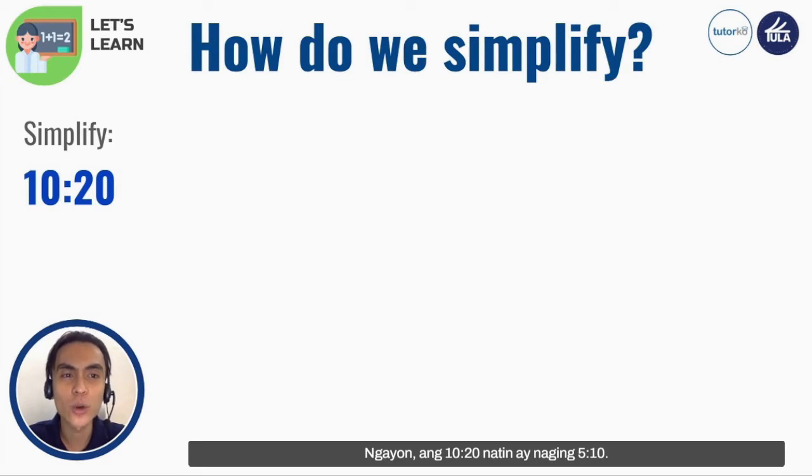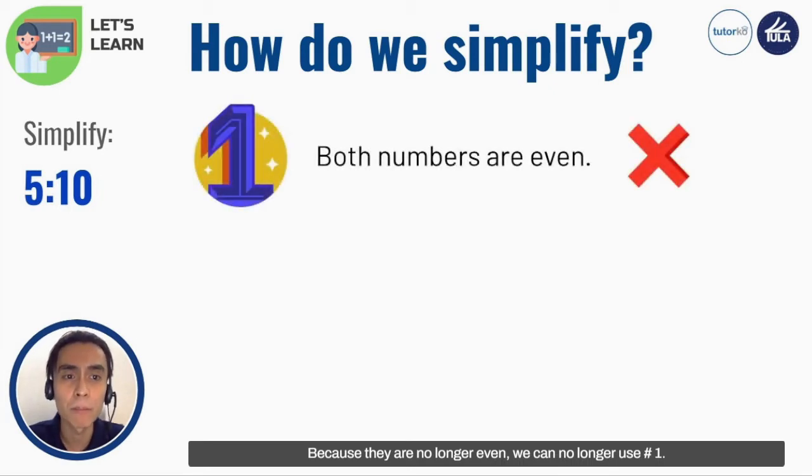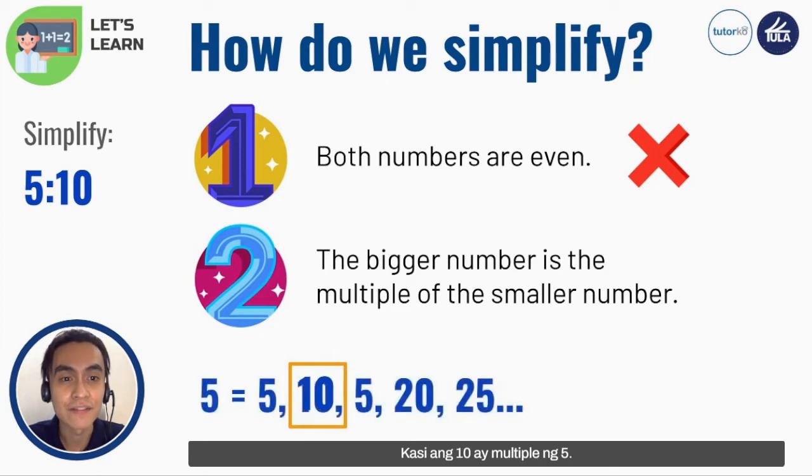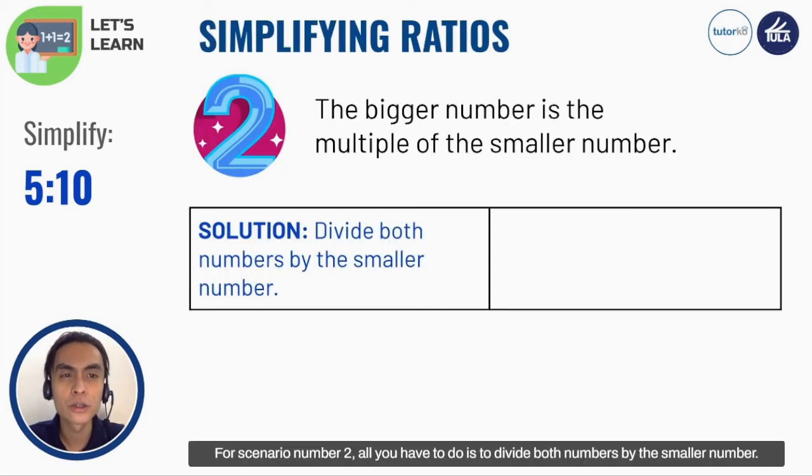Ngayon, ang 10:20 natin ay naging 5:10. Because they are no longer both even, we can no longer use number 1. Pero, pwede natin gamitin ang number 2 kasi ang 10 ay multiple ng 5. For scenario number 2, all you have to do is to divide both numbers by the smaller number.